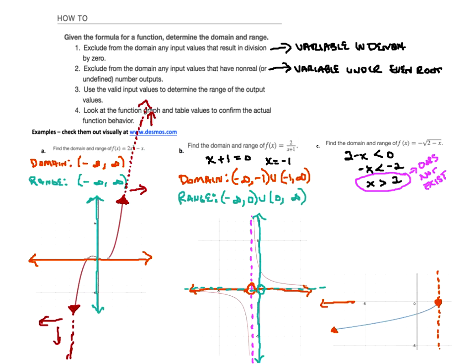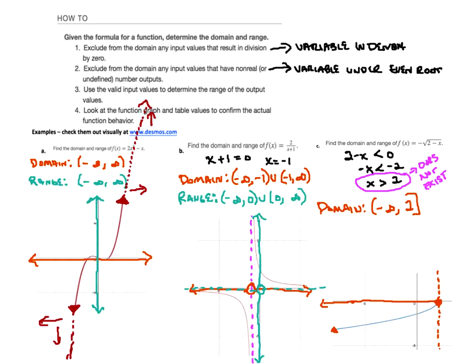So I come all the way up from negative infinity up to and include positive 2. But I can't go past it. You can see that the graph doesn't exist past that x value of positive 2. So my domain comes from negative infinity and goes up to positive 2 inclusive.